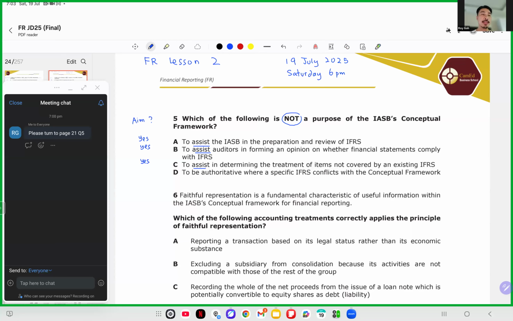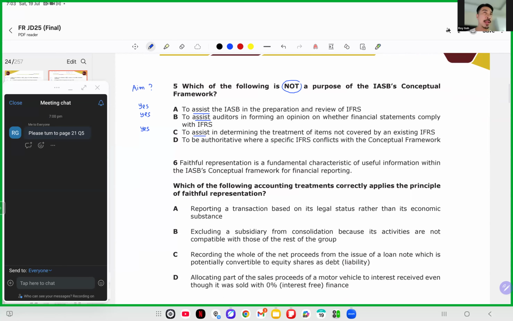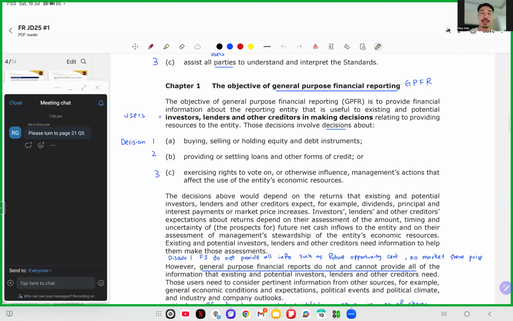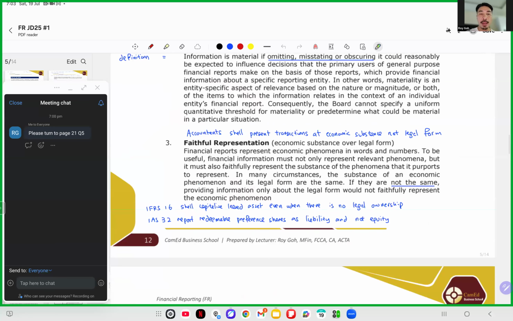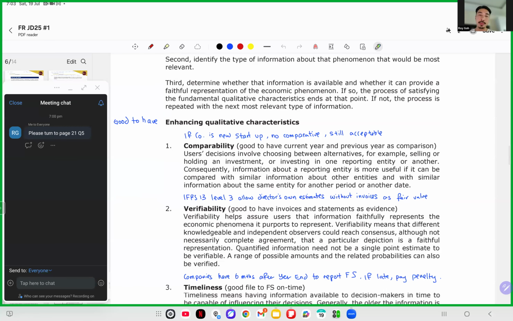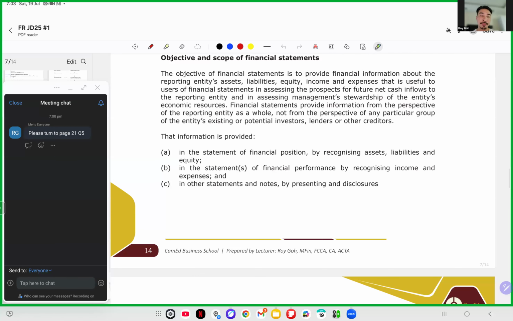So by deduction, if A, B, and C are not the answer, then D must be the answer, right? But why? Because it is not authoritative. Last lesson, I talked about rule-based and principle-based standards. IFRSs are not the same as US GAAP.